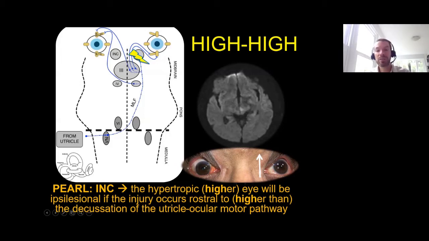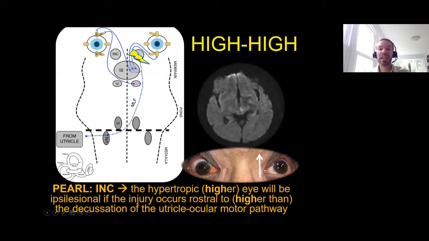We just talked about, if you see a skew, it does have localizing value, but you're going to see other features. If you have a right lateral medullary stroke, you're going to have rightward ocular lateral repulsion. You're going to have rightward ocular dysmetria. If you have a left MLF stroke, you'll have a left hypertropia, but you'll also have a left INO.